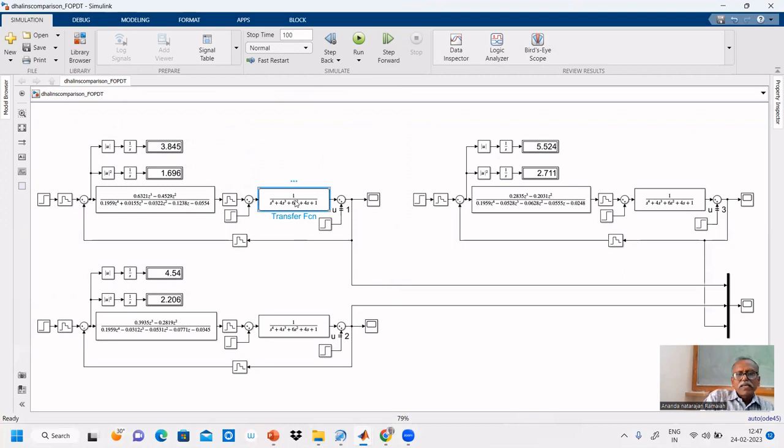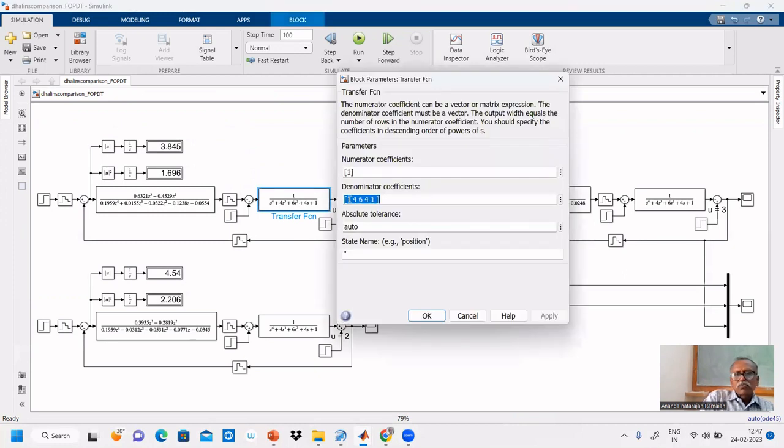So we have to replace this by 1 upon 3s plus 1.